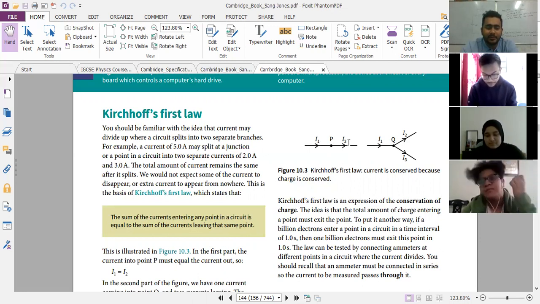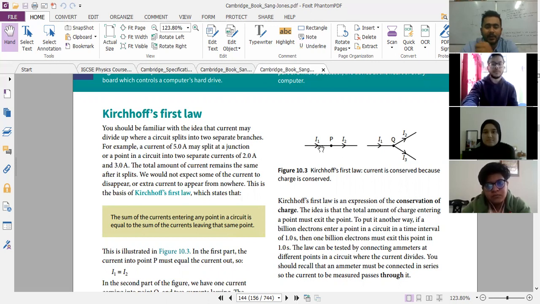So if I want to write an equation for this, I1 will be equal to I2. Why? Look at what Kashaf said: the sum of the currents entering any point in a circuit is equal to the sum of the currents leaving that same point. Since there is only one current entering P, and only one current leaving P, I1 equals I2, since no current is going anywhere else, right or wrong?